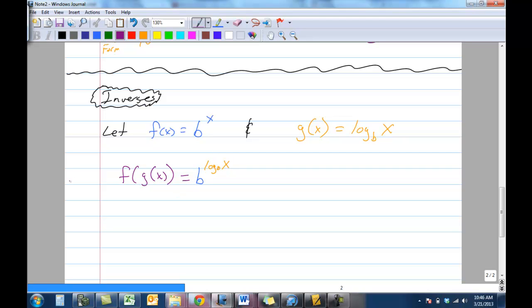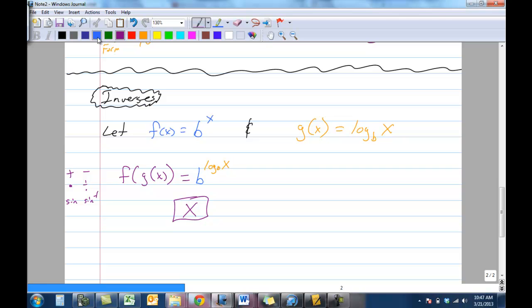They are enemies, just like plus is to minus, as division is to multiplication, as sine is to inverse sine. Base b raised to the log base b are enemies. They cancel out, and what was up here in the exponent is on its own. It's just straight up x. Wait, what? I know. Just roll with me, all right?